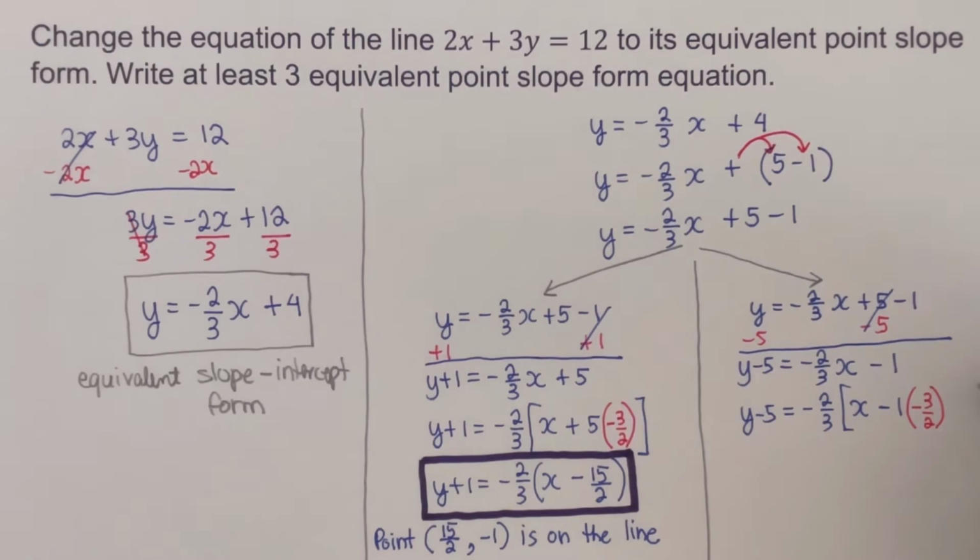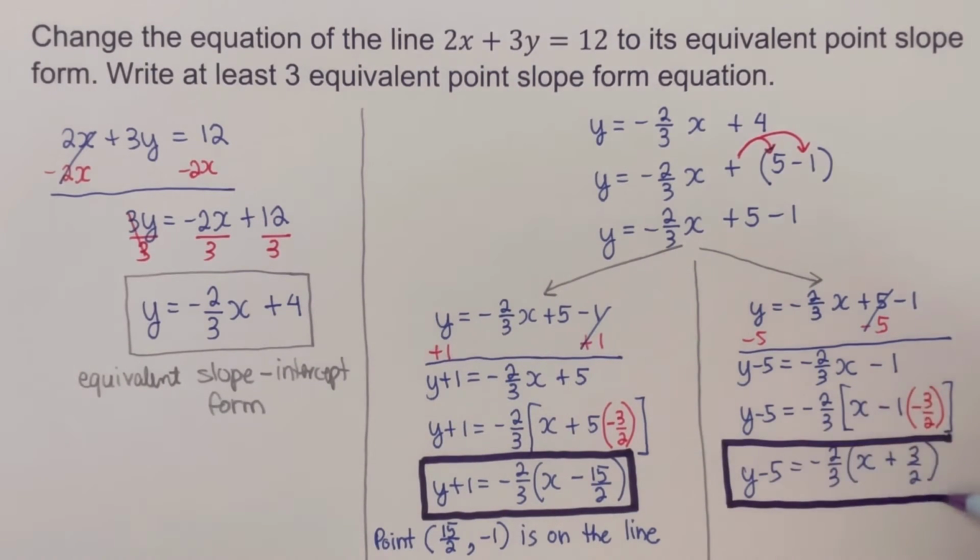And so we can simplify this as y minus 5 equals negative 2 over 3 times x, and then a negative times a negative is a positive, and that is 3 halves. So this is another equivalent equation to this standard form that we have up there.